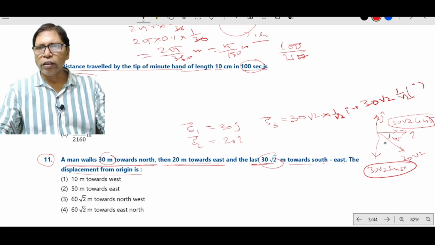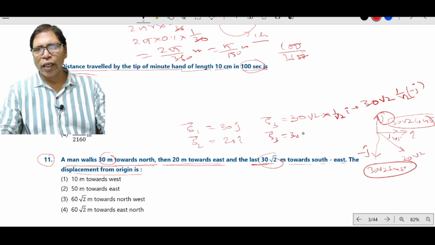Along north direction is j cap, so along south direction it is minus j cap. So S3 vector becomes 30 i cap minus 30 j cap.